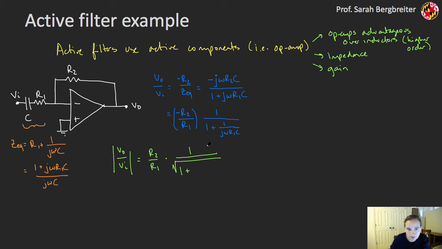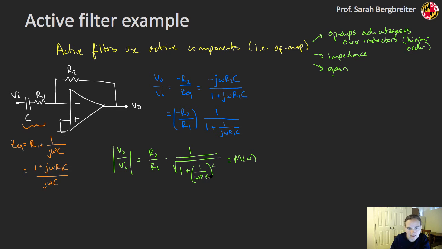So my imaginary part, if I multiply both these sides by j, so I'll have 1 plus 1 over omega R1C, that whole thing squared, and that under the square root. So this is my magnitude ratio, so I can think of this as my M of omega for this filter.